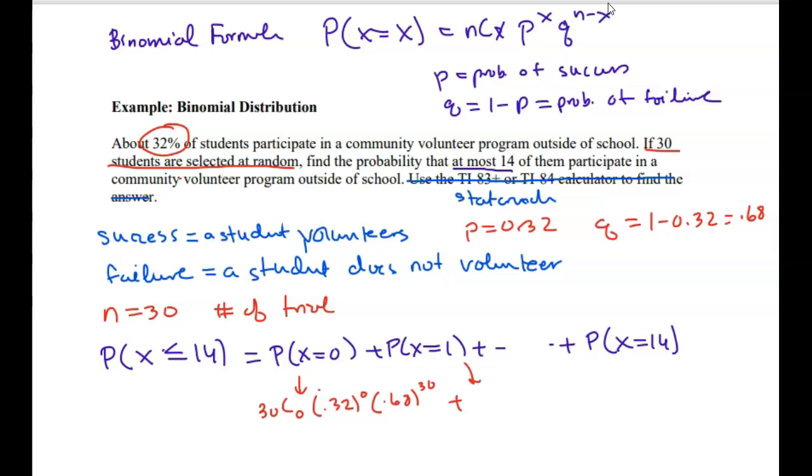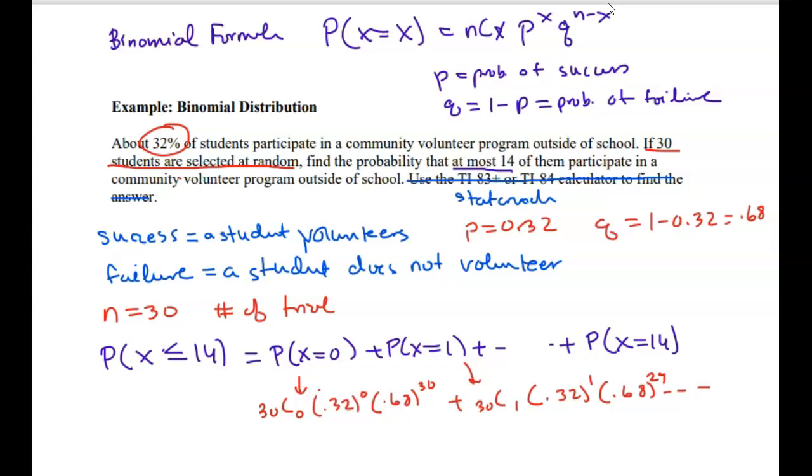And P of x equals 1 is going to be 30 choose 1, times 0.32 to the 1, times 0.68 to the 29, dot, dot, dot. So you can calculate all of them with that formula and add them up.